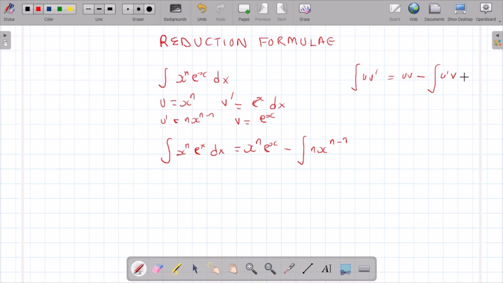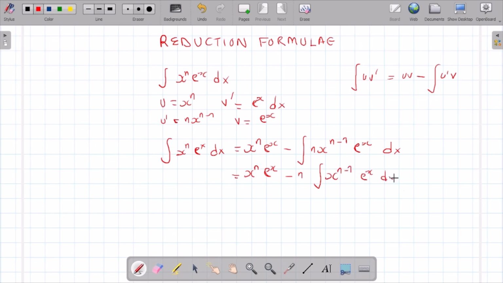And our v is e to the power of x. Now n is a constant, because here we are integrating with respect to x. So n does not depend on x, and we can take it out of the integral sign. So we have the integral of x to the power of n minus 1 e to the power of x dx.